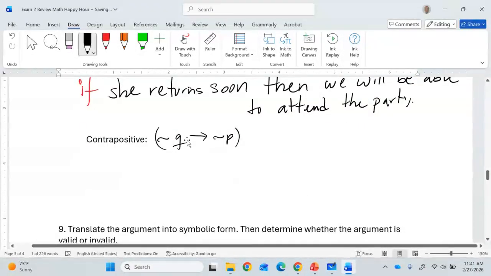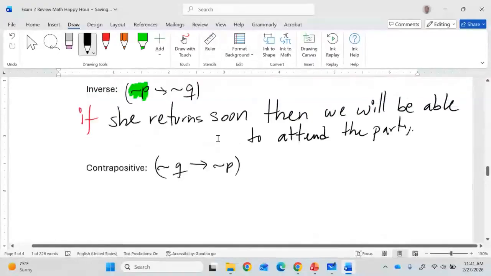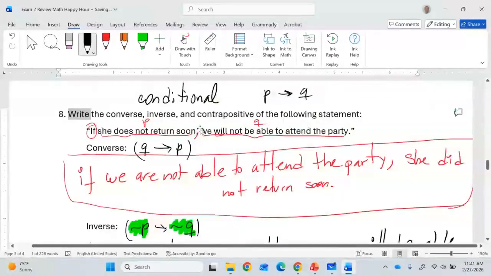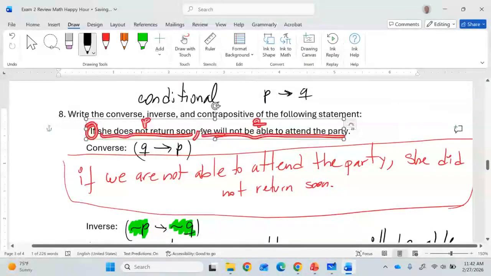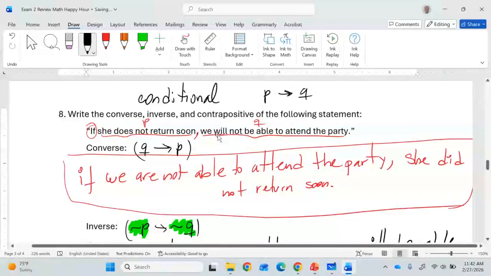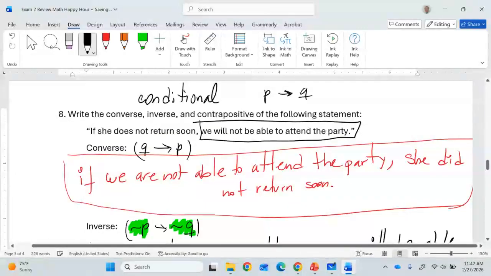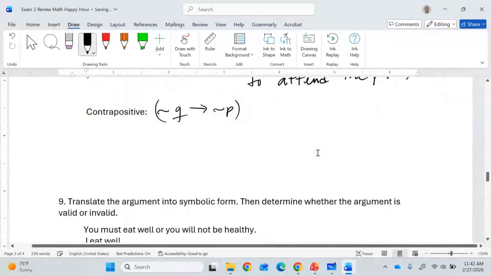So the contrapositive, you gotta switch and negate. So I'm gonna start with Q. Remember that Q is the second one usually. So Q is this part, and it says we will not be able to attend the party. So the negation is we will be able to attend the party. So I'm going to start with the if.